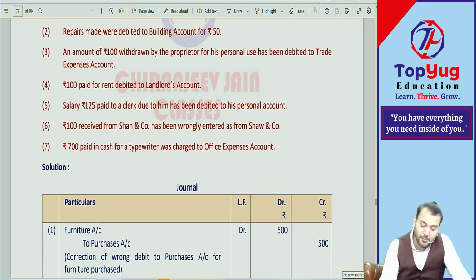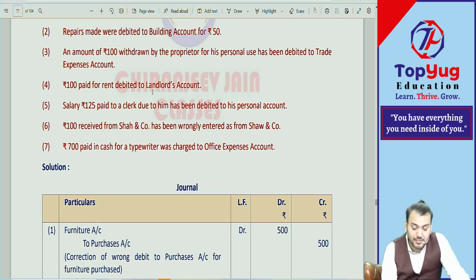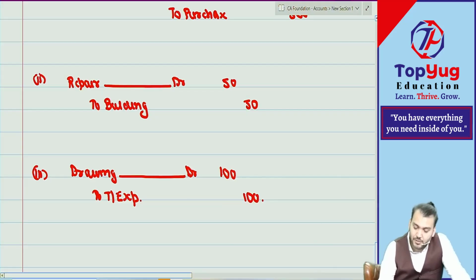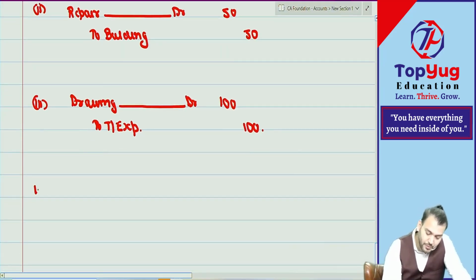Then what have they given? Rupees 100 paid for rent debited to landlord personal account. Means it was rent paid, but they have debited it to landlord personal account. The name is not given. It can be Ram account, Syam account, Ganjam account. Means it has been debited to his personal account. Is it correct? So what will you do?